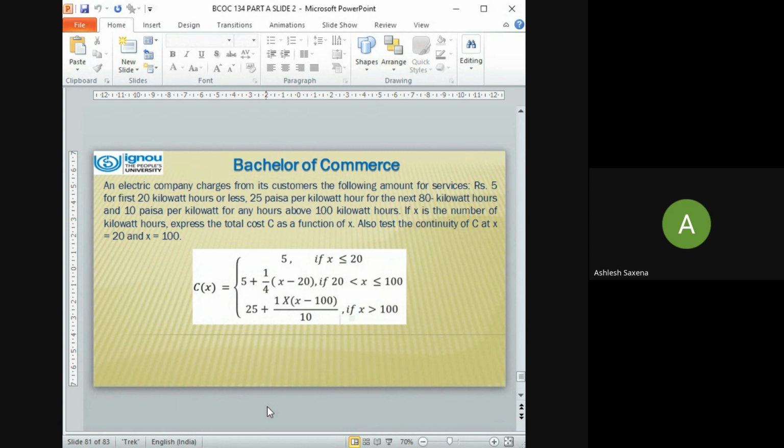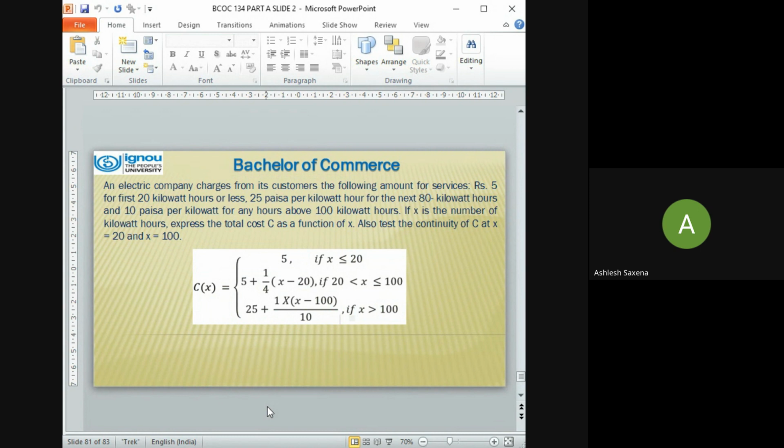Actually, kilowatt hours is units. So for the next 80 units, the rate is 25 paisa per kilowatt hour. Now try to understand what I am saying here. What is the mathematical component, and how is it calculated?